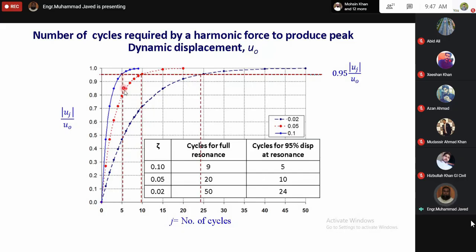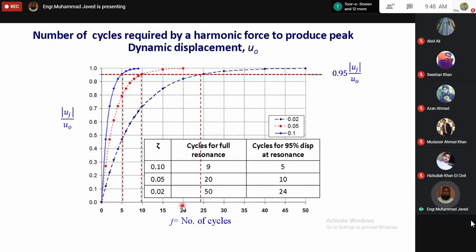So you can see that for a system with a damping ratio of 0.1, full resonance occurs in how many cycles? Uj by U naught is 1 for full resonance. This occurs after around 9 cycles. For 5% damping ratio, this develops in 20 cycles.